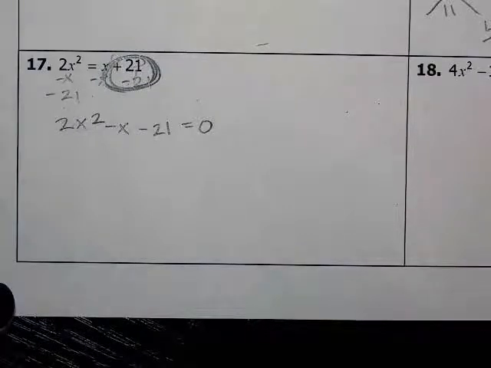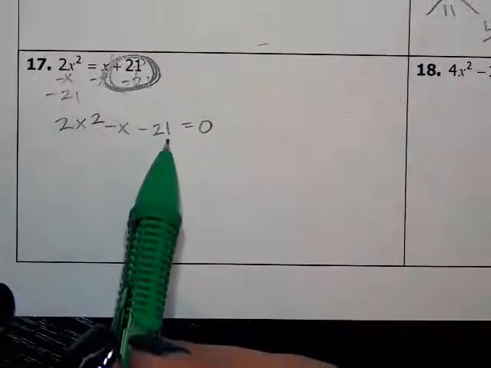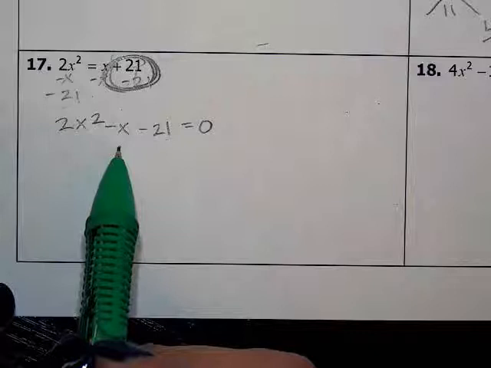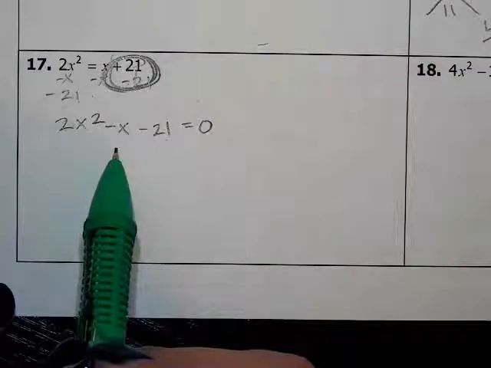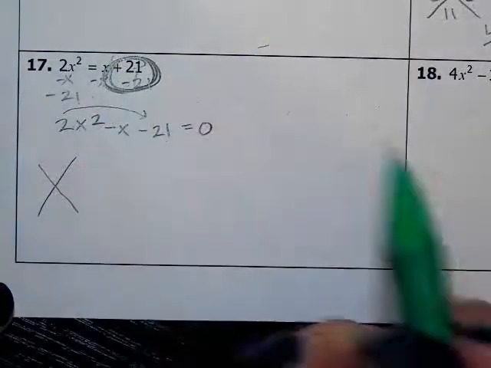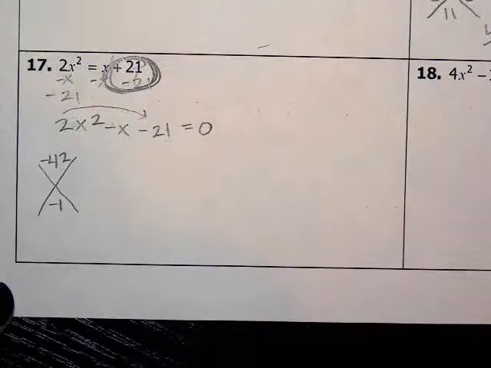So, we're looking for something that multiplies to -21 and adds to -1? No. Okay. So, we're looking for something that multiplies to -42 and adds to -1. 7 and 6. Okay, sorry, I just heard a random 21 out there.